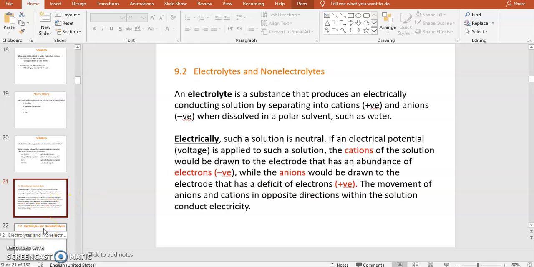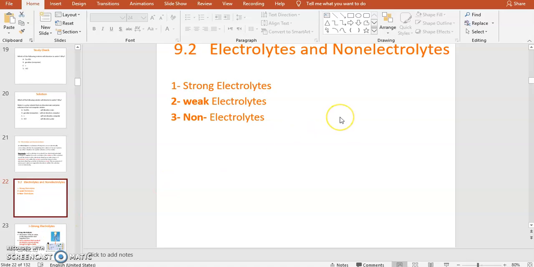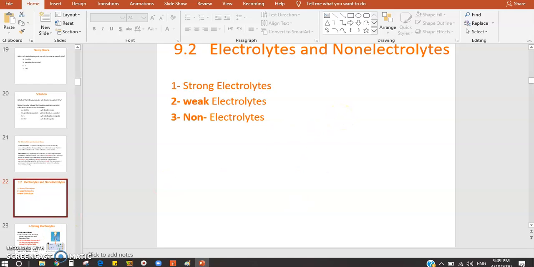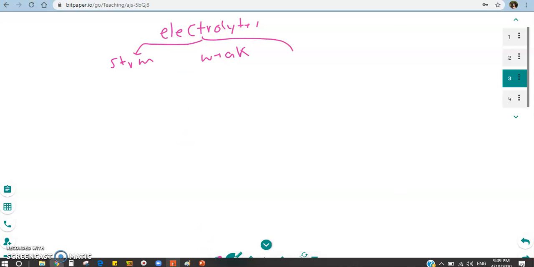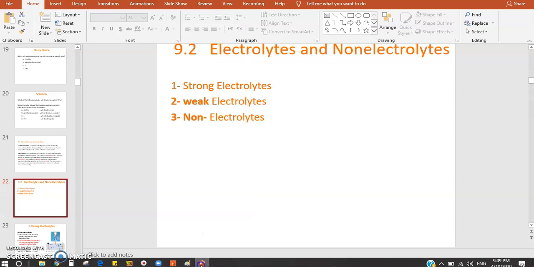So NaCl is considered an electrolyte. We have 3 types of electrolytes: a strong electrolyte, a weak electrolyte, and a non-electrolyte at all.